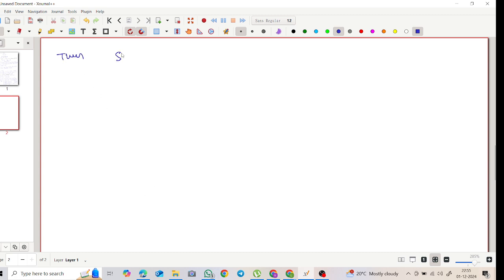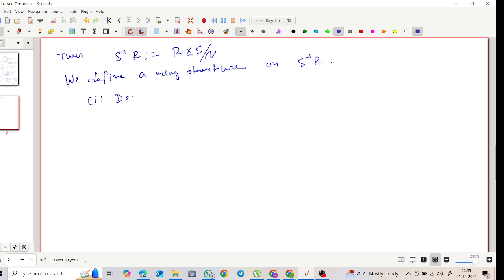Thus S inverse R is defined by R cross S modulo the equivalence relation. We define a ring structure on S inverse R. Denote 1 of S inverse R by 1 by 1.